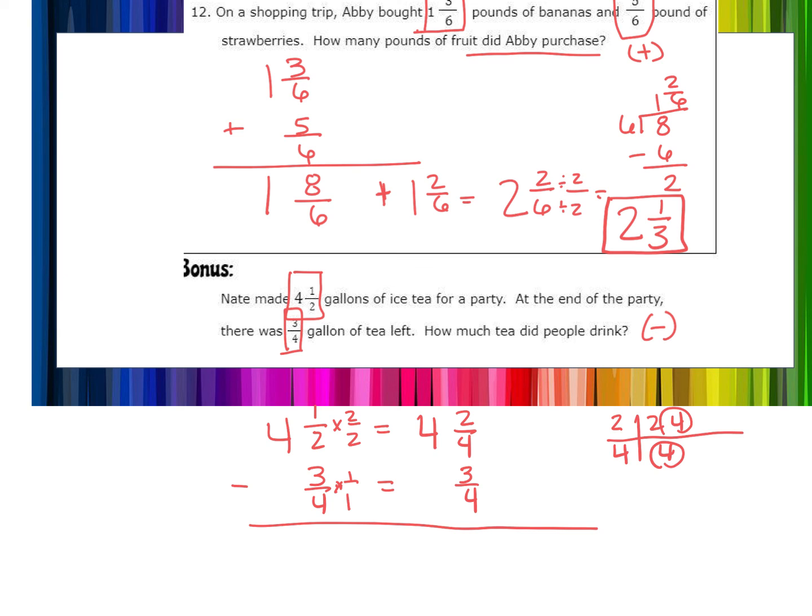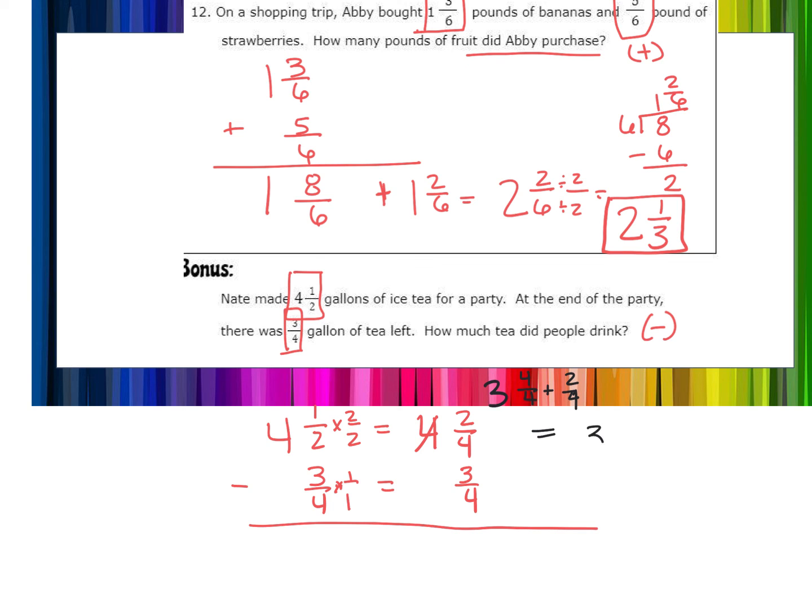I can't do that. So now I have to, let me erase that. Now I have to borrow. I cannot take 3 from 2, sorry about that. So I have to borrow. This is going to become 3, and this is going to become 4/4 plus 2/4.